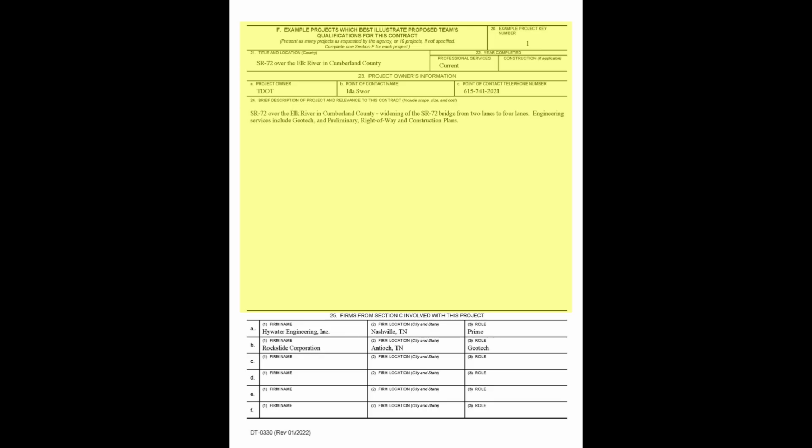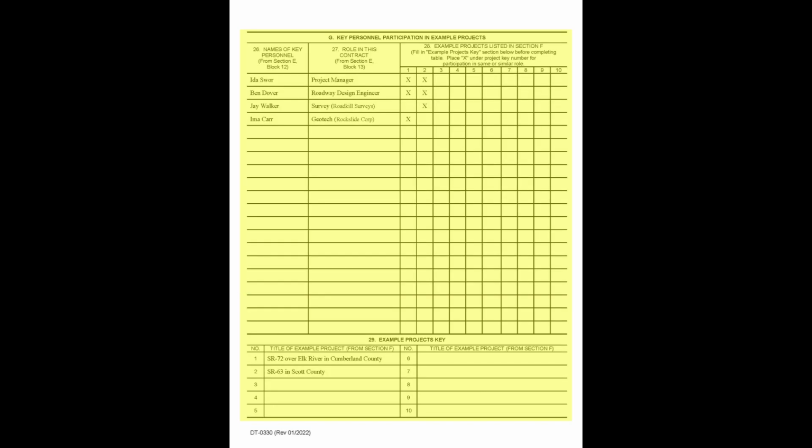Firms should not include a project if the professional services were completed more than 10 years ago. Firms from Section C that were involved in the listed project should be included in subsection 25. Section G is a matrix intended to graphically depict which key personnel identified in Section E worked on the example projects listed in Section F.